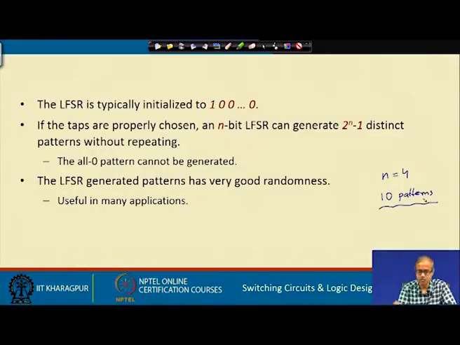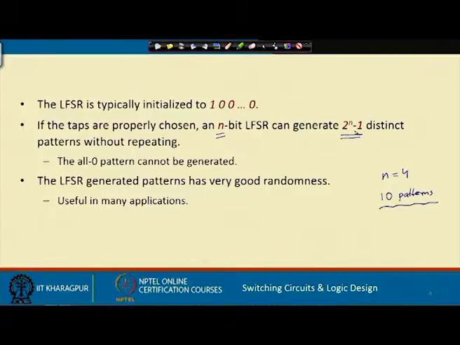But if we choose the tapping points in a suitable way, then an n-bit LFSR can generate 2 to the power n minus 1 distinct patterns. Why minus 1? With the exception of the all 0 pattern, because the all 0 pattern cannot be a state in a cycle. If we initialize the LFSR to the all 0 pattern, it will indefinitely remain in the all 0 state, it will never come out.